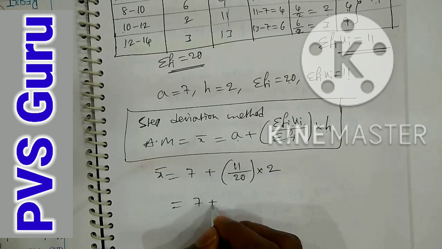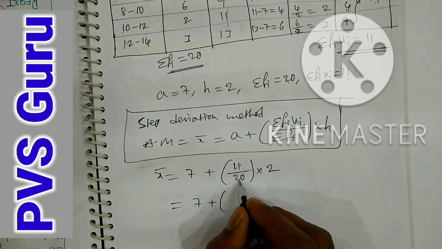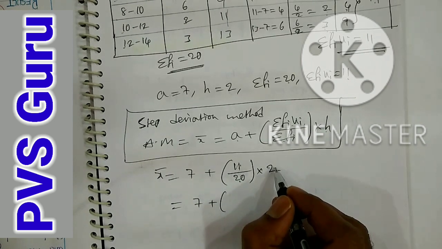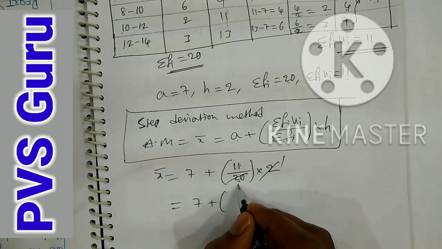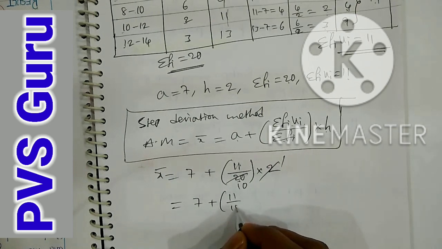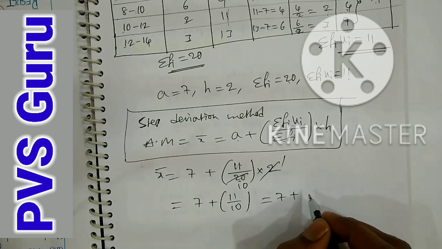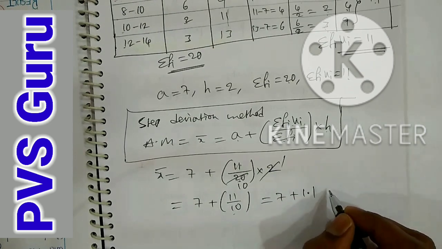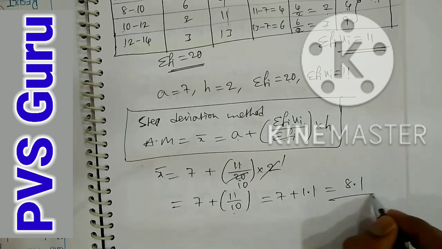Now 7 plus 11 by 20 into 2. Cancelling, 2 ones are 2, 2 tens are 20, that is 11 by 10. It is equal to 7 plus 1.1, which is nothing but 8.1.